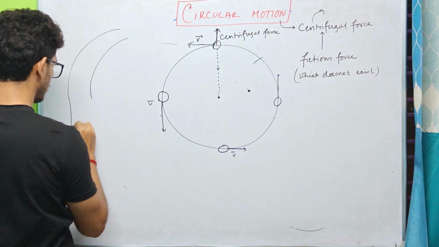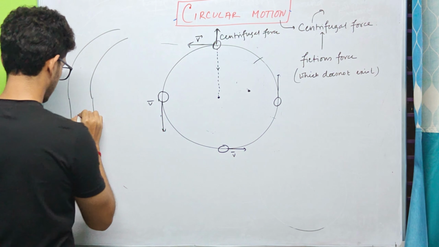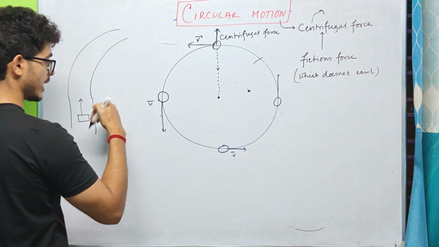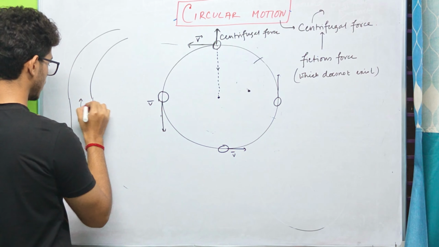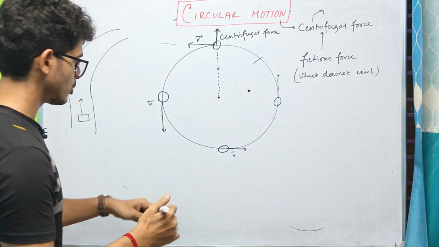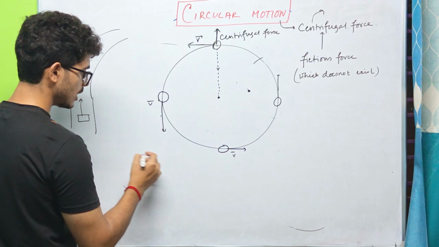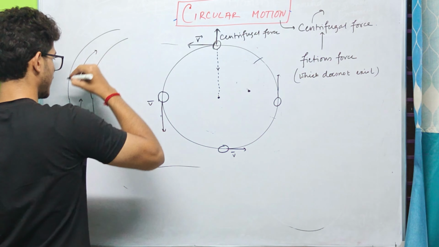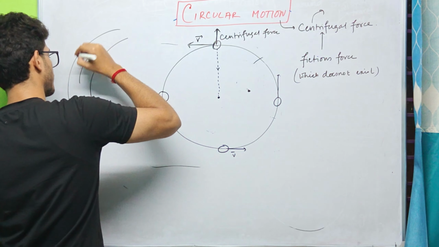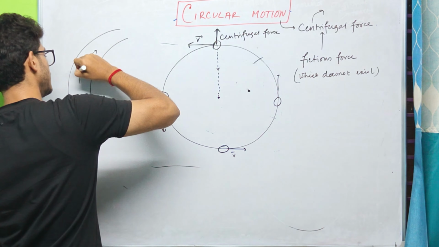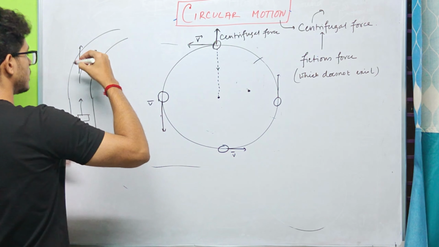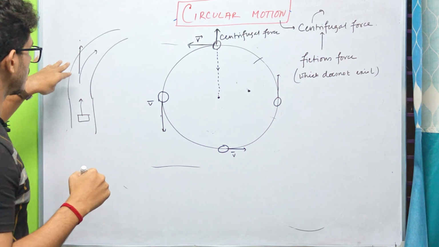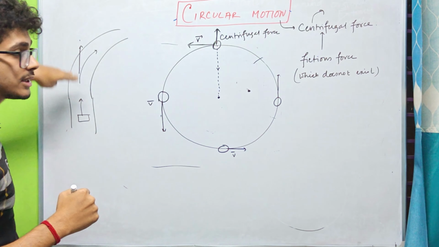Let's say you are traveling and there is a turn. When you were here, you were moving in a straight path, so your body is in a straight line motion. Your body possesses an inertia which tends to move in a straight line. Now when you are turning in the right direction, your body is tending to move in the forward direction, wanting to continue the straight line path.